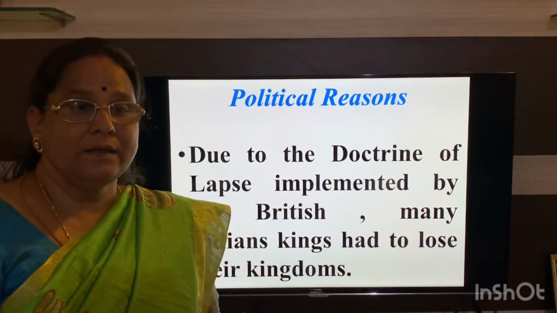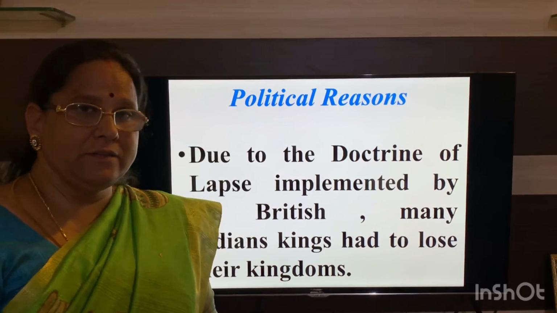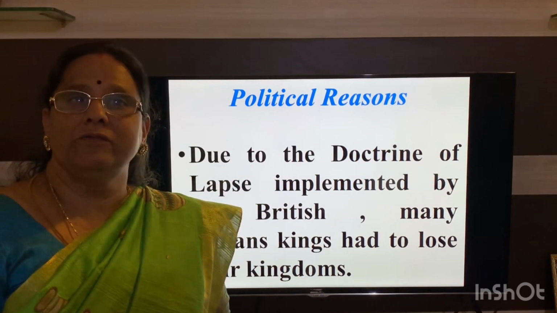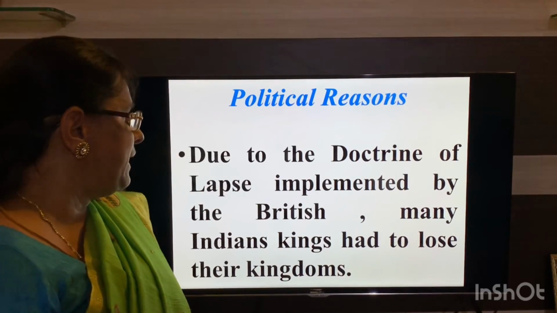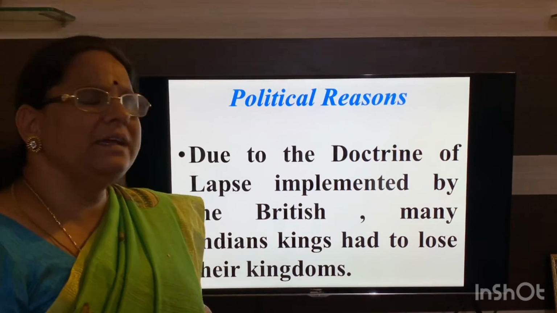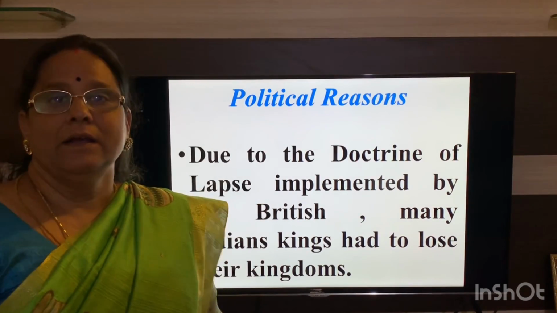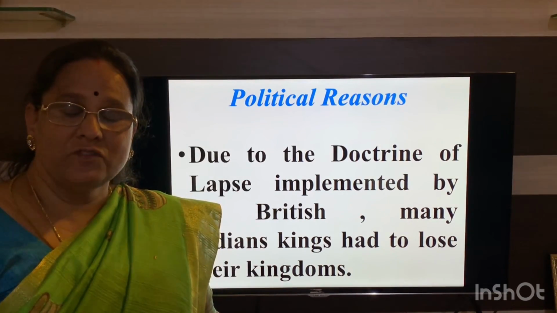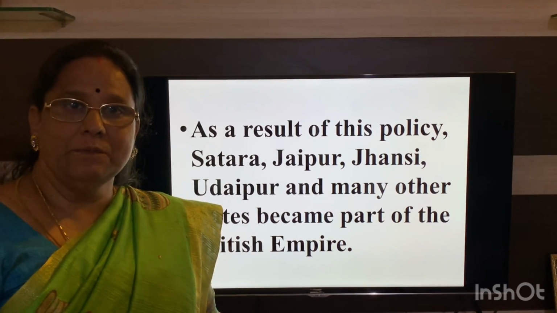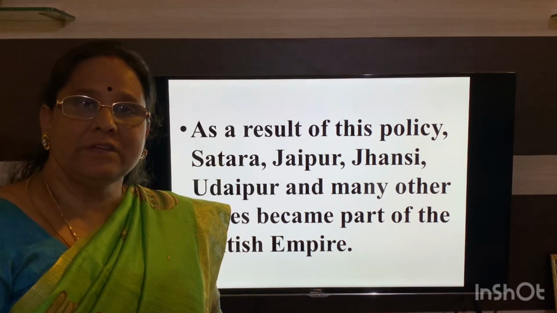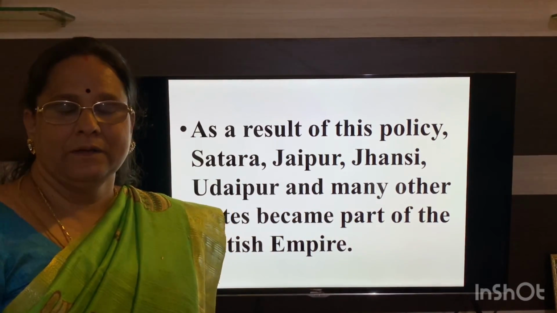The first one, political reason. The first political reason started due to the doctrine of lapse. Due to the doctrine of lapse implemented by the British, many kings had to lose their kingdom, like Satara, Jaipur, Jhansi, Udaipur. These kingdoms were merged with the British Empire due to the doctrine of lapse.